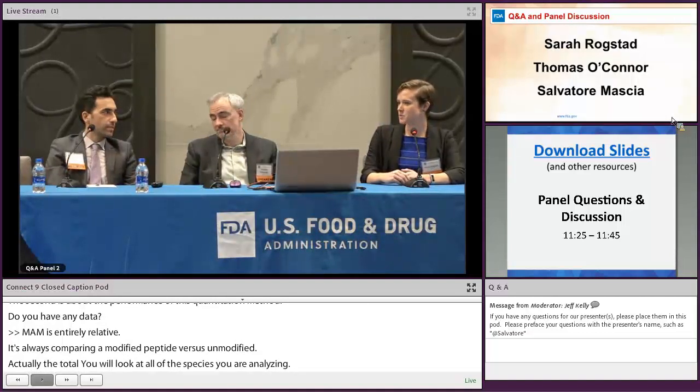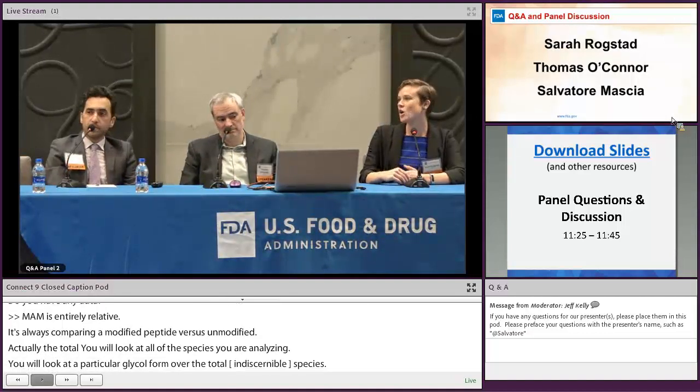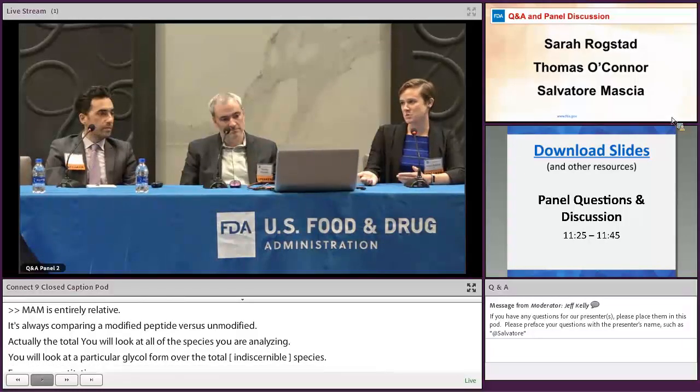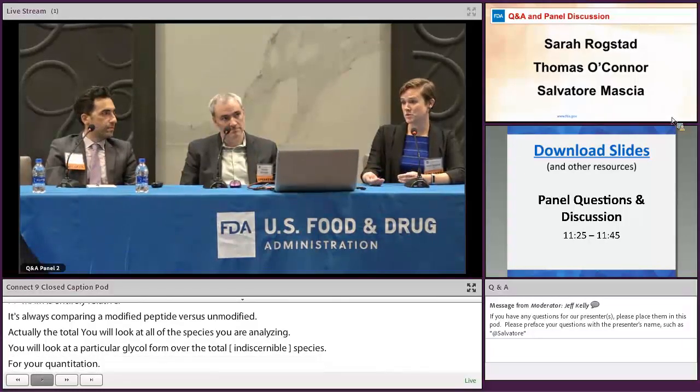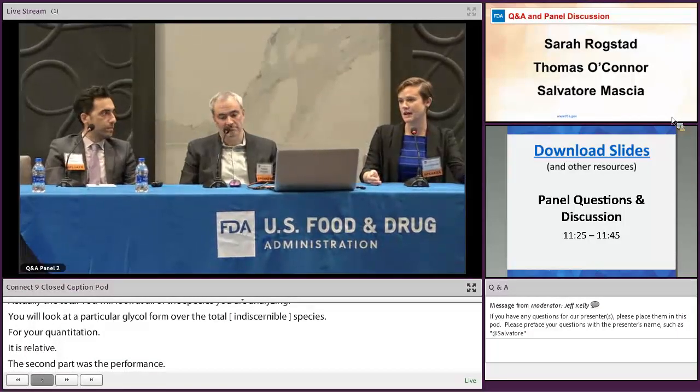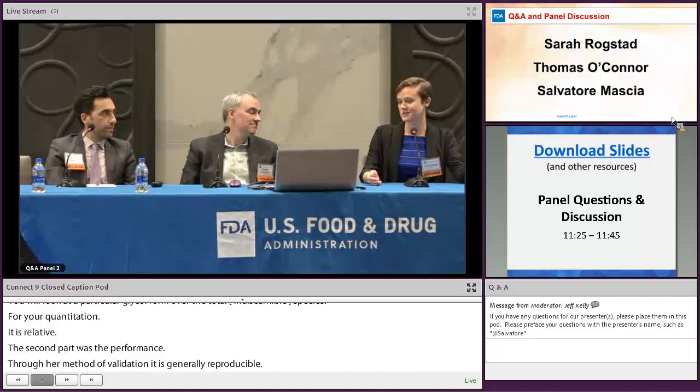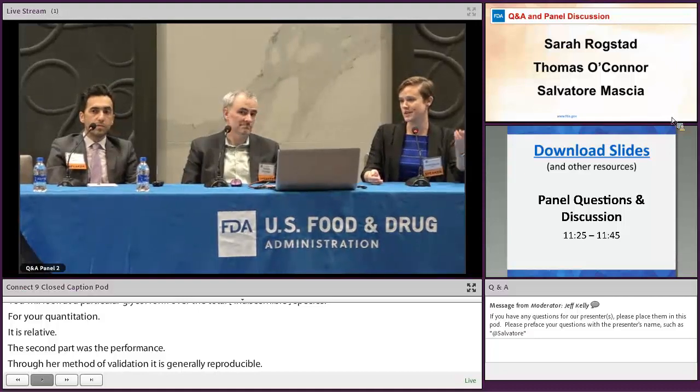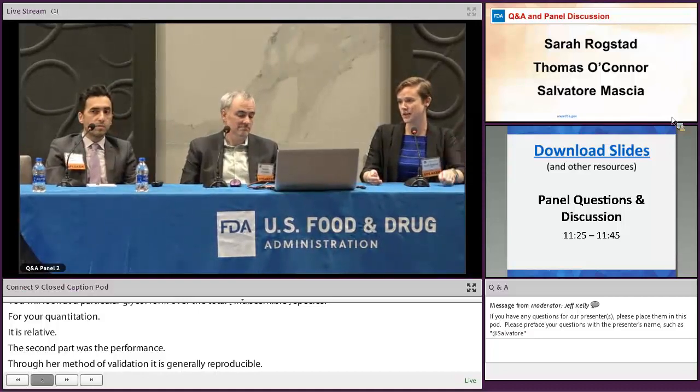And the second part was the performance, I think. Through our method validation, it seemed generally pretty reproducible as far as that goes, and because you're using high resolution instrumentation, you're pretty accurate at what you're looking at.